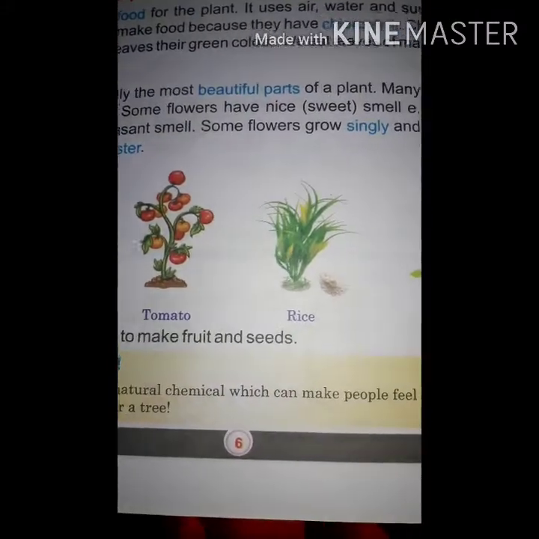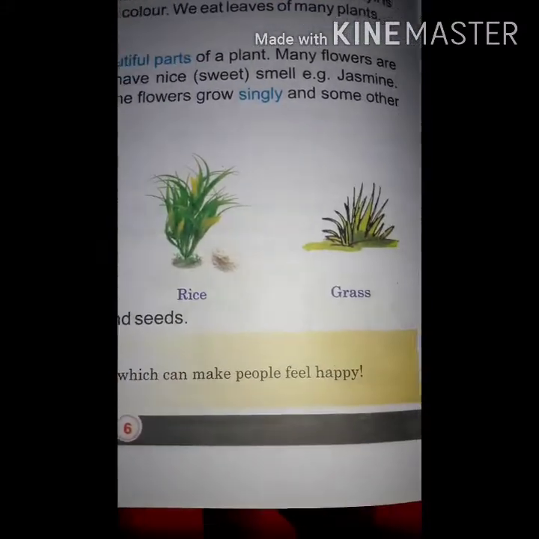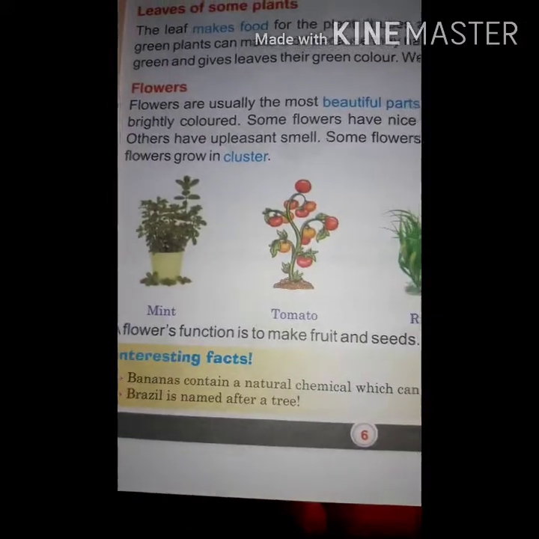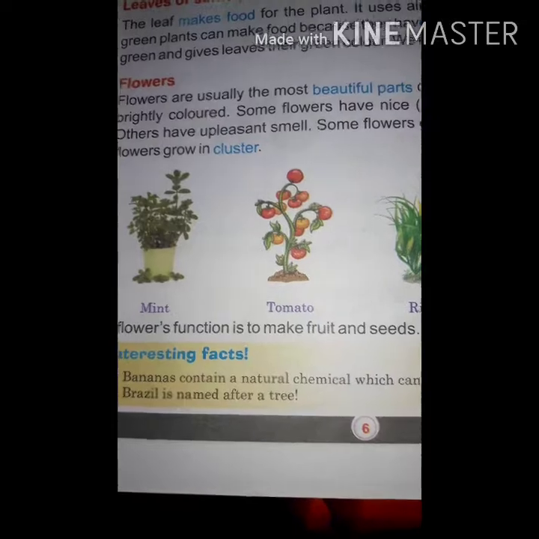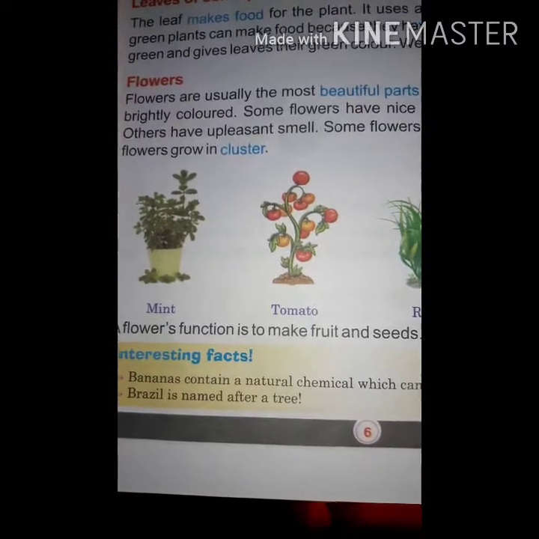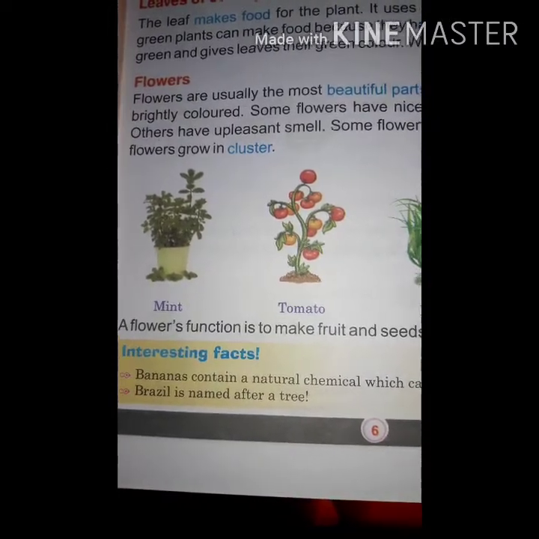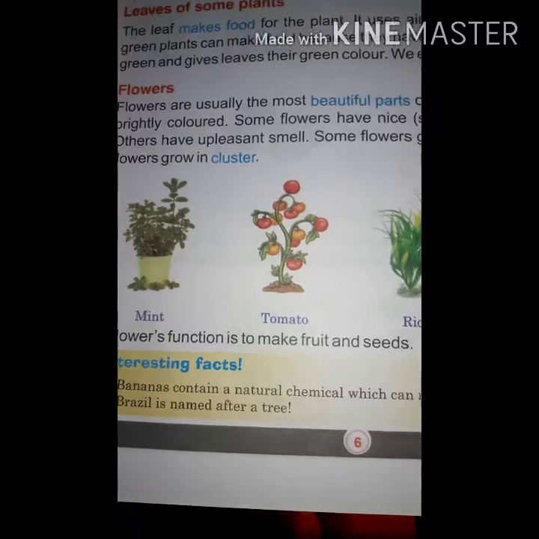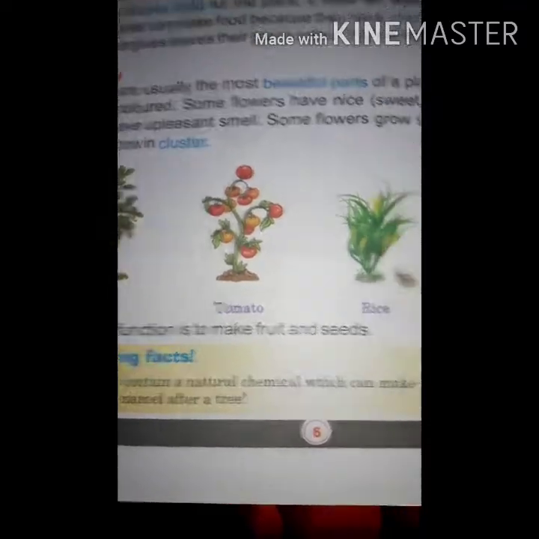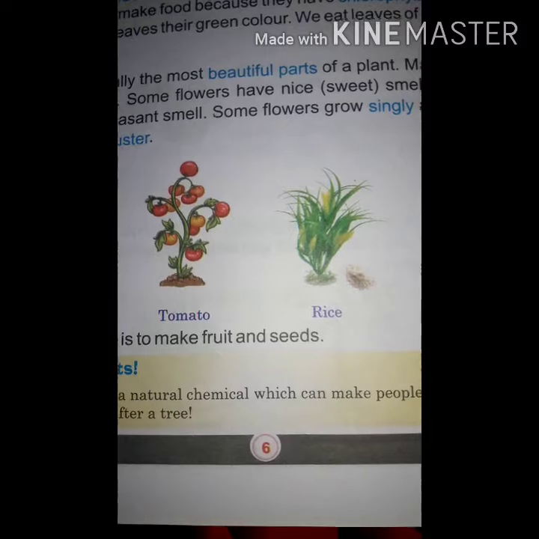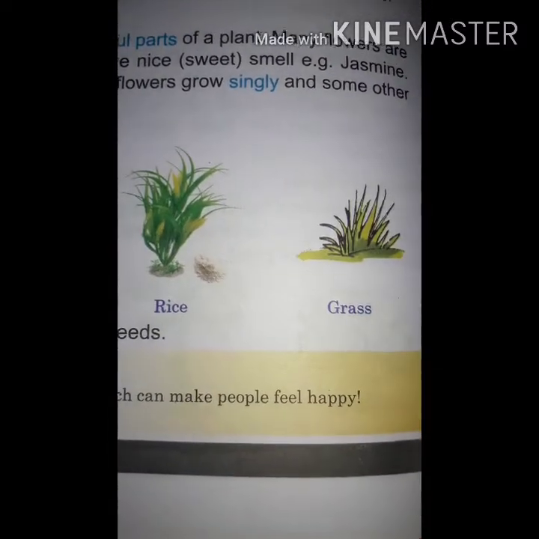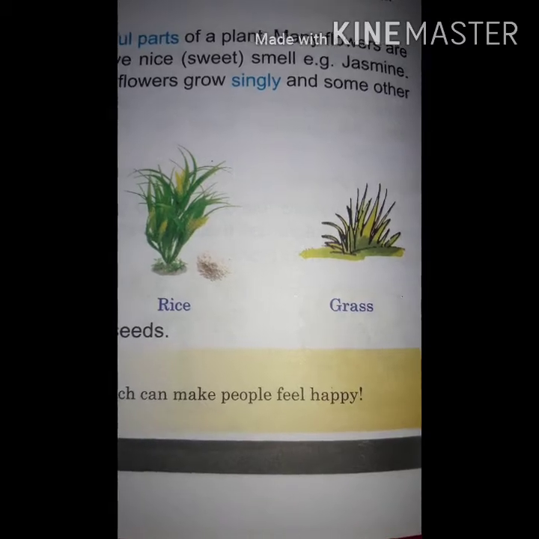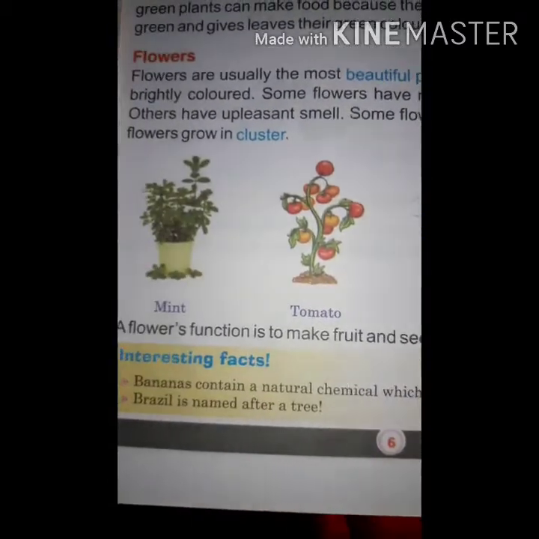Some flowers grow singly and some other flowers grow in clusters. Cluster means in small groups. Now we will see some plants below this paragraph. The first one is mint. The next one is tomato. The next one is rice. And the last one is grass.